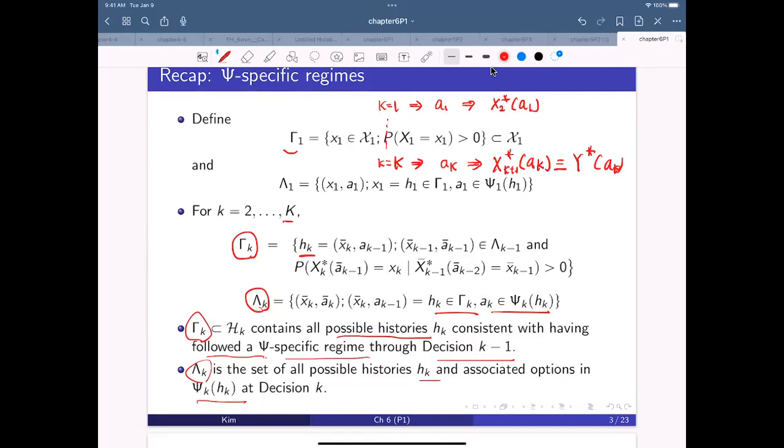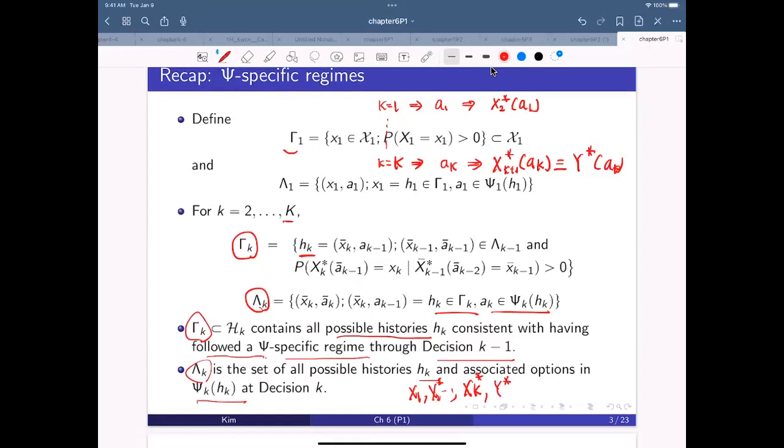So it's just a notation. Assume we have X1 through XK, star. And then X1, X2 star, and XK star, and then Y star.